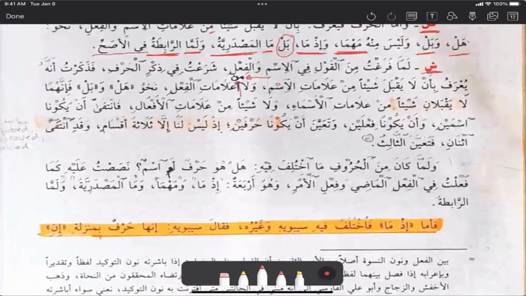For indeed, neither of those two accept any of the identifiers of the nominal, nor any of the identifiers of the verb.